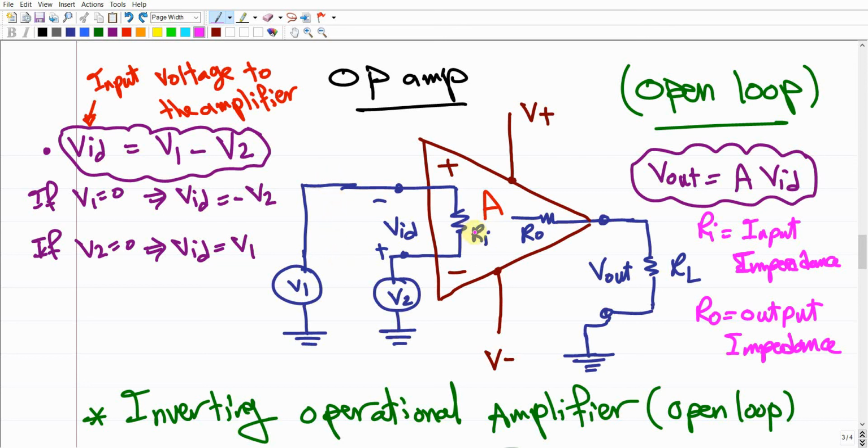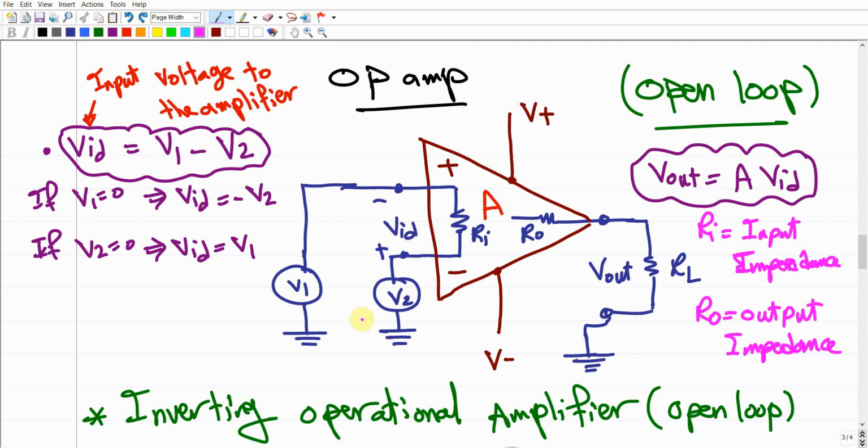If you have any resistance, it is acceptable, and you're going to collect the inputs. But as you increase this resistance, the efficiency by which this amplifier receives or collects the difference between V1 and V2 is going to increase.